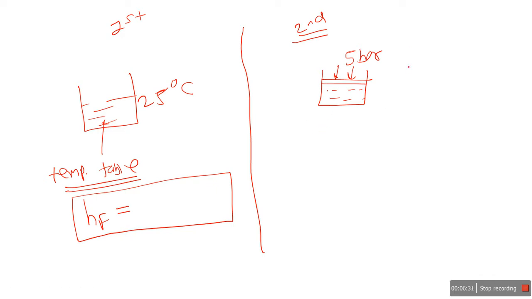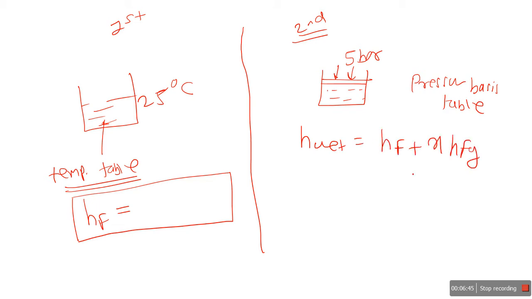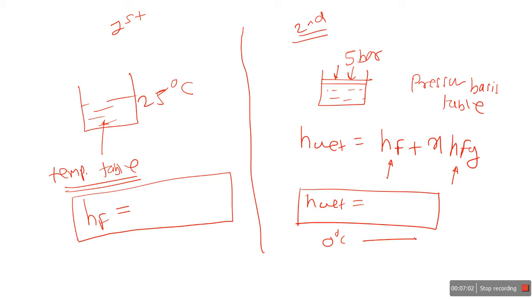So I use the pressure basis table, and from it I calculate the enthalpy of wet steam by using the formula HF plus x into HFG. From the 5 bar pressure basis table I can choose the values of HF and HFG from the steam table. When you calculate this value of enthalpy of wet steam, that value is given when steam is heated from 0 degrees Celsius to the wet region.